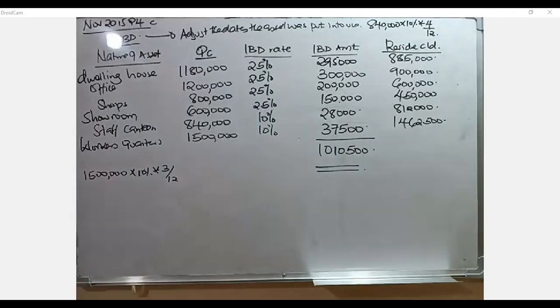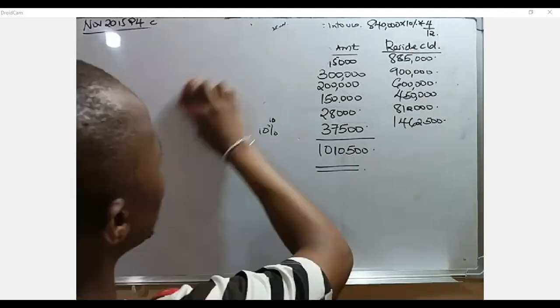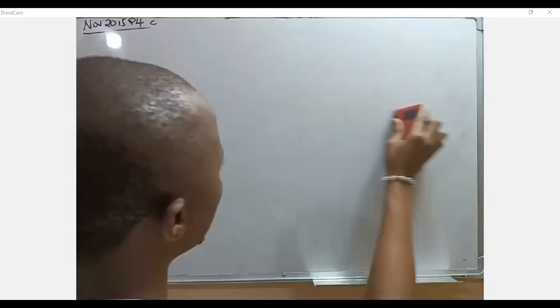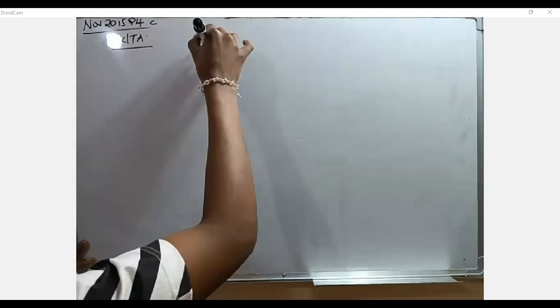Now, I just want to do the last capital allowance here, which is normally called WTA, wear and tear allowance, where there is no adjustment of dates. In wear and tear allowance, we said it's very simple. We normally have 2 classes.